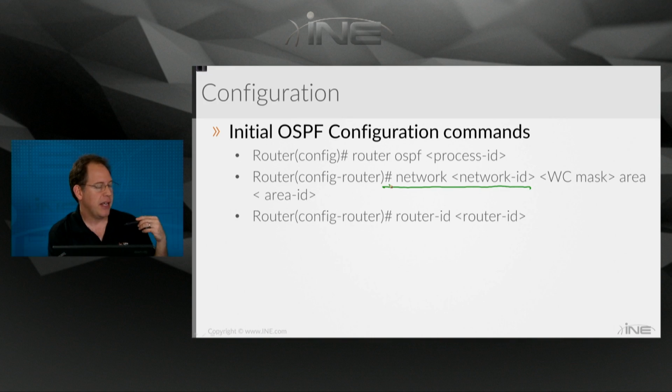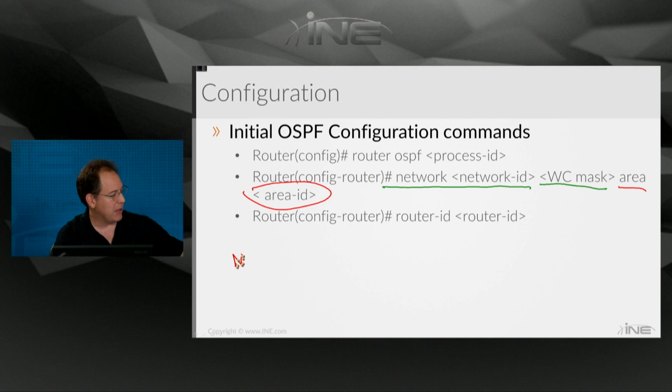Now in EIGRP, you had the option of using a wildcard mask. In OSPF, it's not an option. In OSPF, you have to include a wildcard mask after your prefix. And then you also include the word area and then the area number.